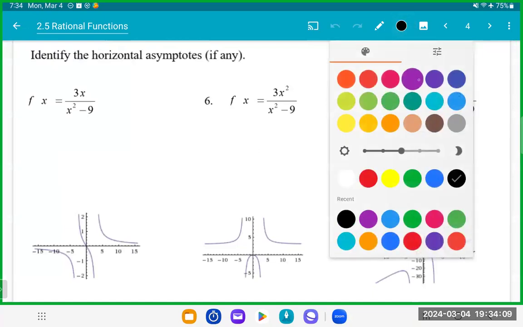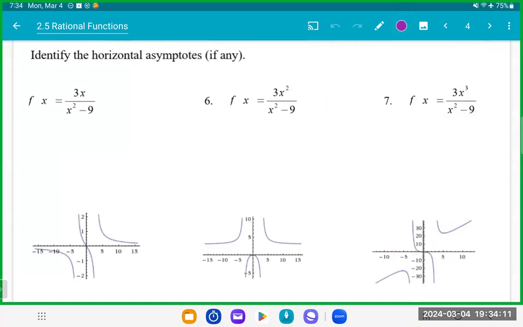All right, so our first example here, let's go ahead and factor, or we don't have to factor. We're looking at our first two terms. So we end up with 3x over x squared. So in this case, my n equals 1 and my m equals 2. So since n is less than m, my asymptote is at y equal to 0.